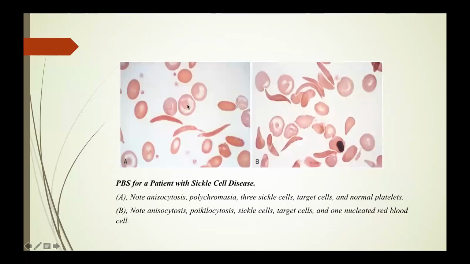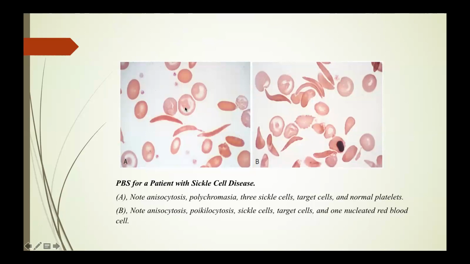This one, and this one. This one. You see? Target cells, they look like a target. They have accumulated hemoglobin in the center. And at the periphery, it seems like the central pallor has moved, and the center of the cell is now an accumulation of hemoglobin.